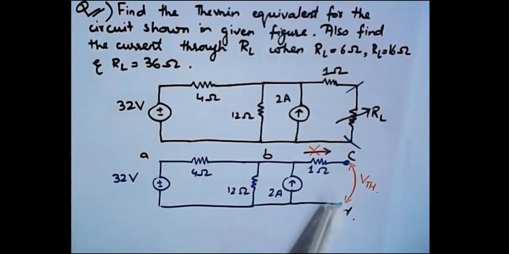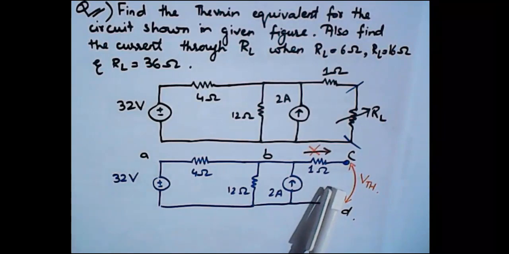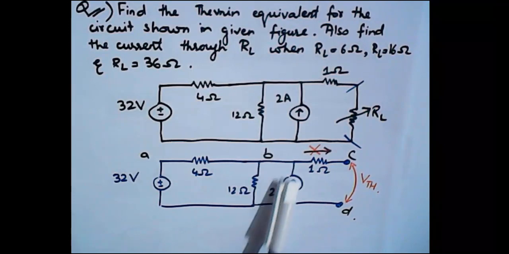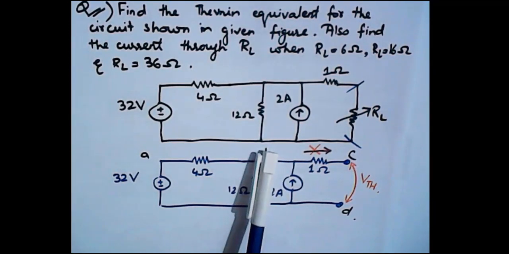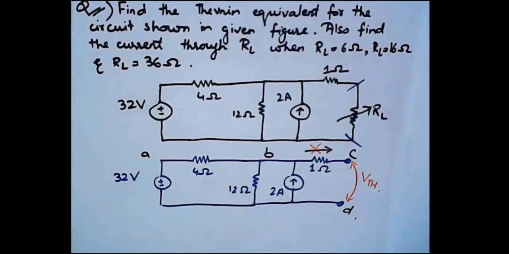And since these terminals are open, we know that through an open circuit there is no current. The current is zero. So the current through 1 ohm resistance will also be zero. And since the current through 1 ohm resistance will be zero, then it means that the voltage of node B, VB, will be equal to the voltage at node C. The same voltage will appear.